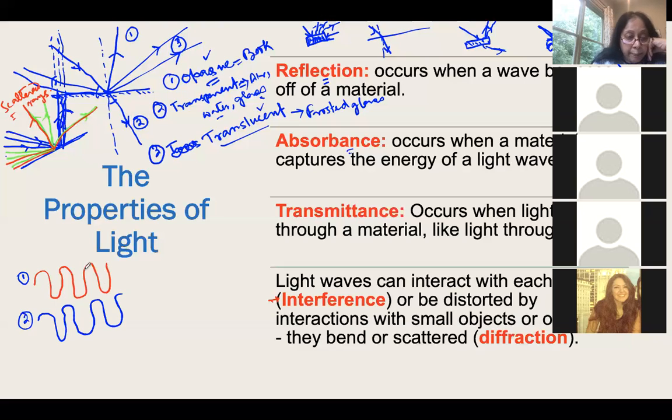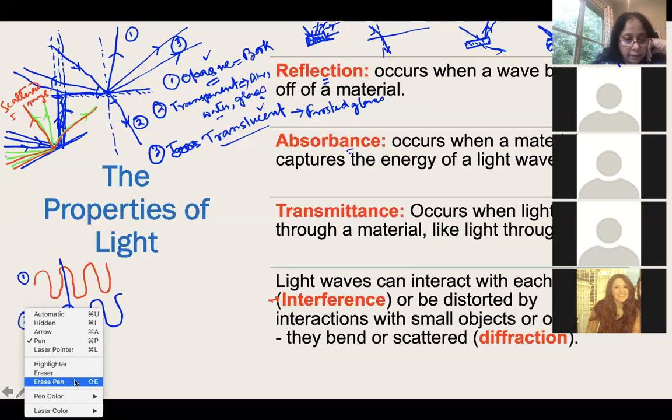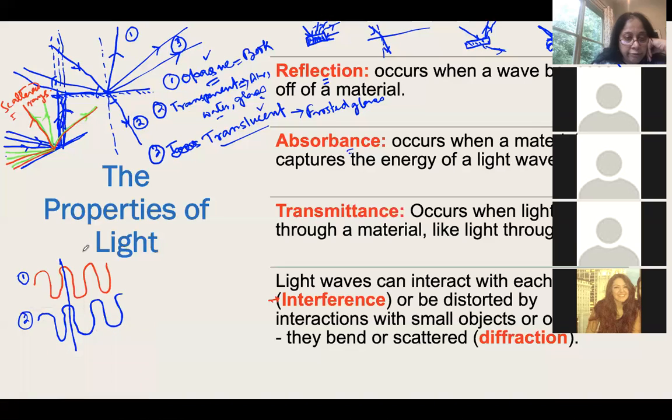If you see, the peak of this light actually matches with the peak of these waves. Basically, they fall into each other's pathway, and they are following the same path. Do you see? Over here, both the troughs are together, both the peaks are together.